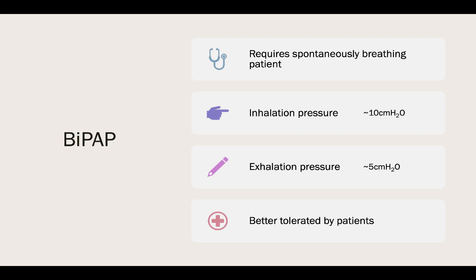Typically, when compared to CPAP, BiPAP is tolerated a little bit better by patients. So if you have the option, most 911 ambulances just have a CPAP machine on it, but if you do have the option, if you've got a vent on your truck, and it's got a BiPAP option, I would go with BiPAP first and see how your patient responds to that before going full on into the CPAP mode.